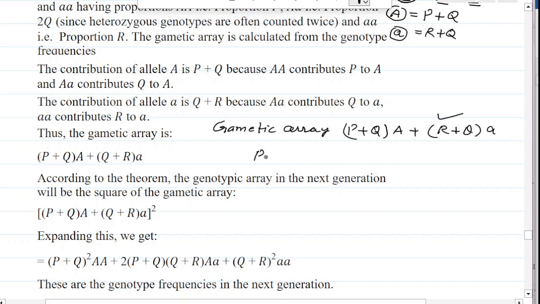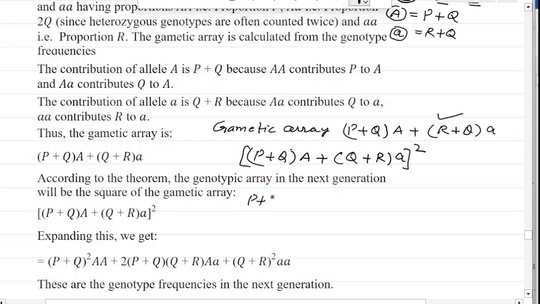So what we do is P plus Q capital A plus, or you can say, Q plus R small a, and square it. If I square this gametic array, what will be the result?